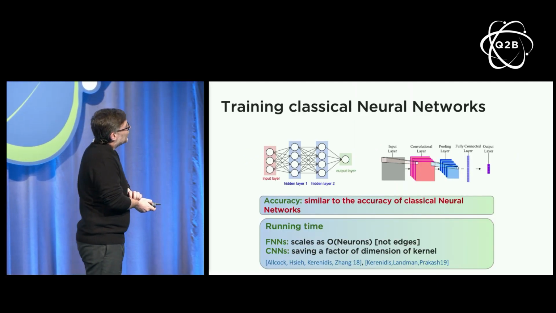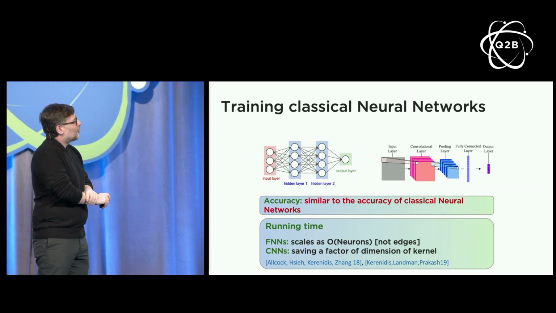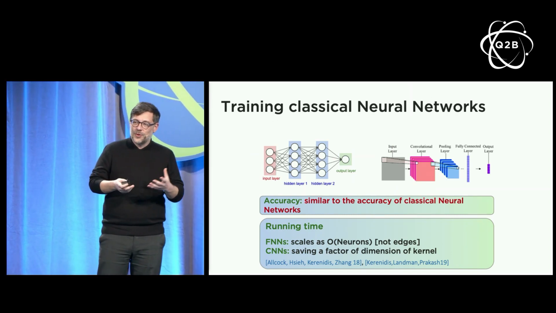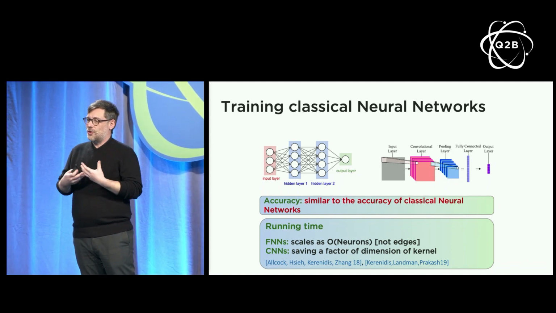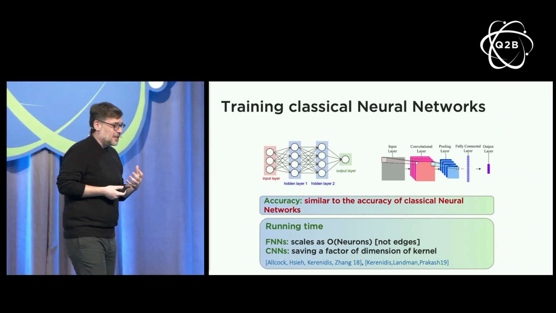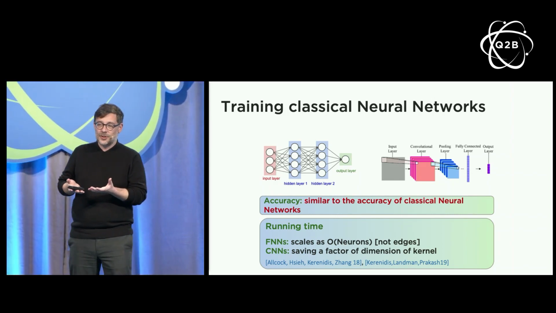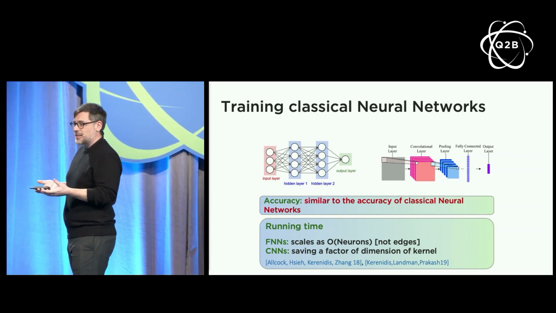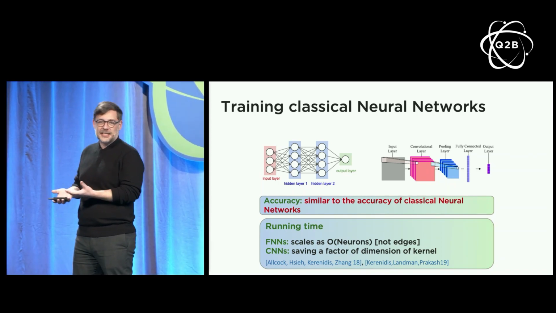I just want to go into this. So we talked in the beginning of the talk about quantum neural networks. This is trying to come up with quantum analogs of the classical neural networks. There is another thing that we try to do, which is go back to the classical neural networks. And why is that? Because we know that they work. And the question is, can we speed up the training of these classical neural networks?